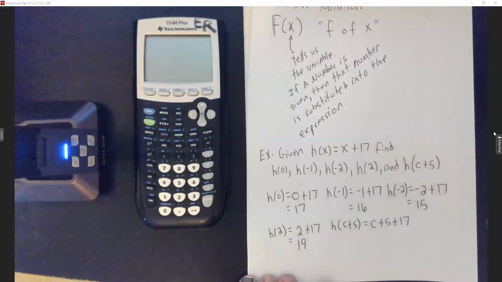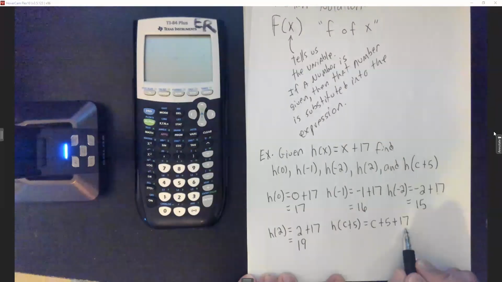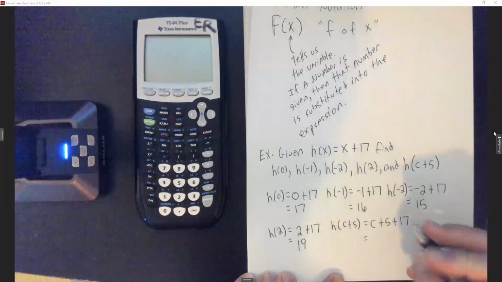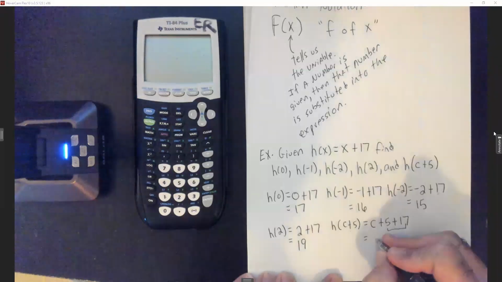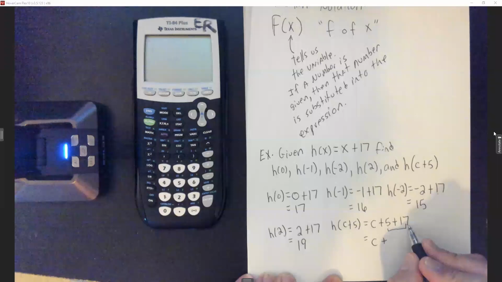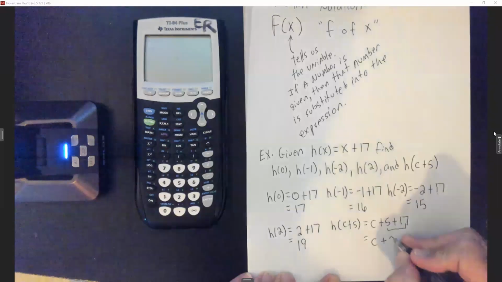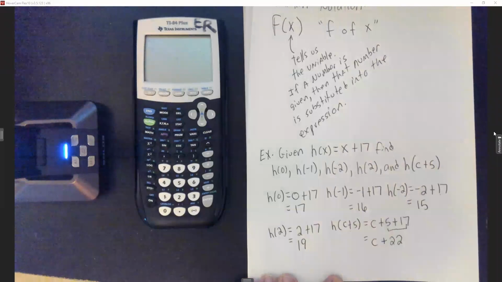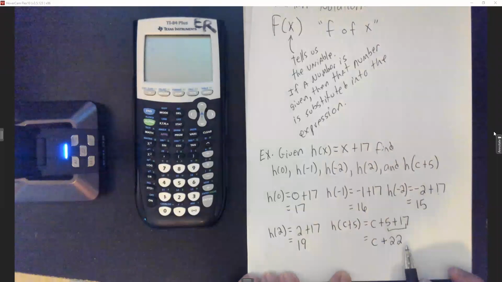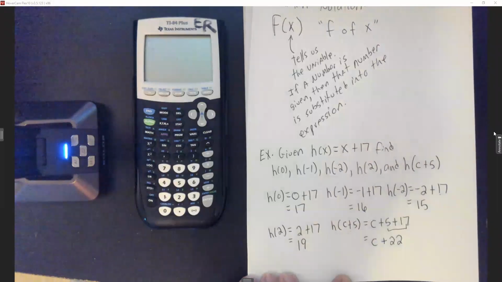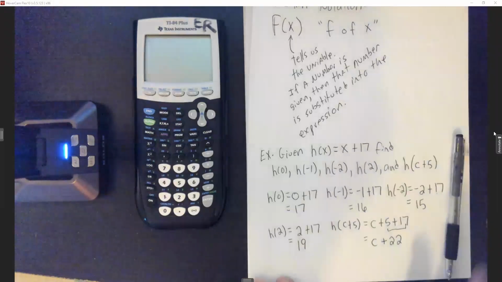And guess what? I can go further with this one, because I got like terms over here. So I would add my like terms together. I get c plus 5 plus 17, that's 22. Now I got c plus 22. Those are not like terms, so I would stop there.